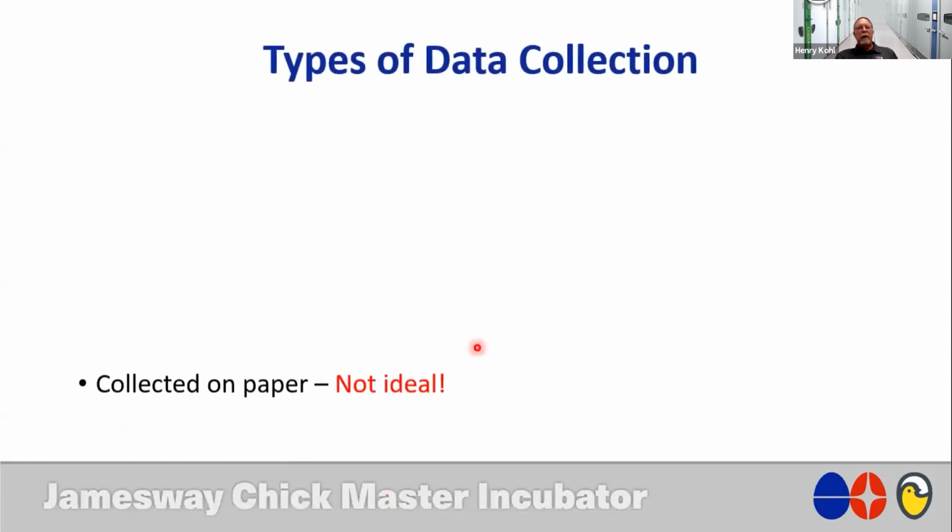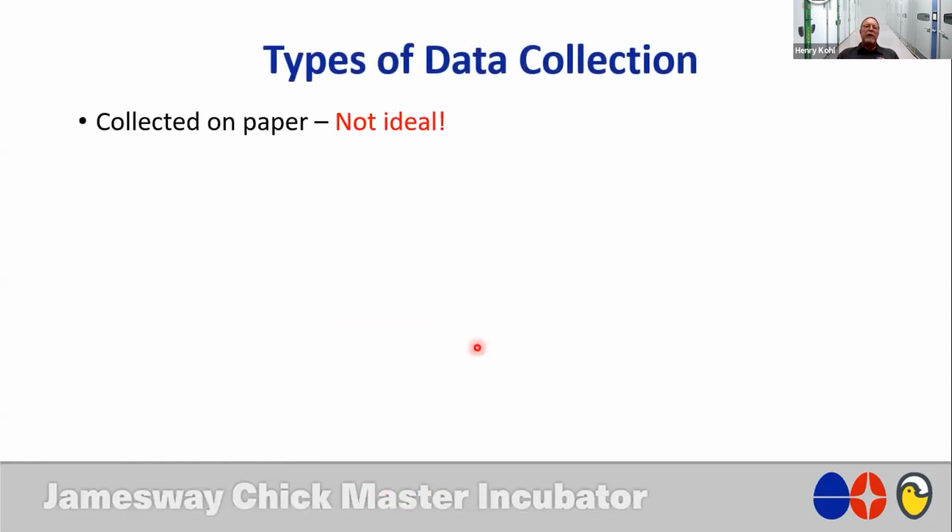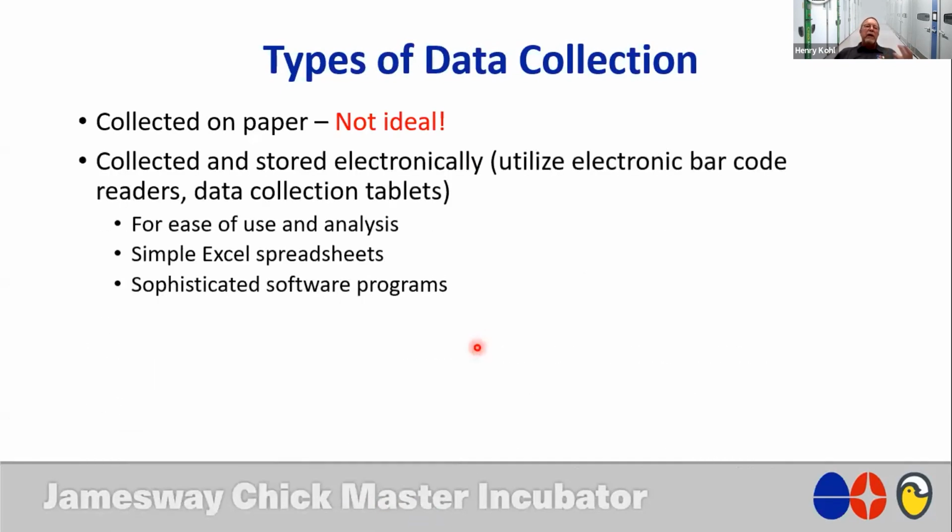So types of data collection, we've got the tried and true, old-fashioned, 50s, 60s, 70s technology of putting it on paper, which is certainly not ideal. We've got data that is collected and or stored electronically, either through electronic barcode readers, data collection tablets, and that affords us ease of use, ease of analysis.